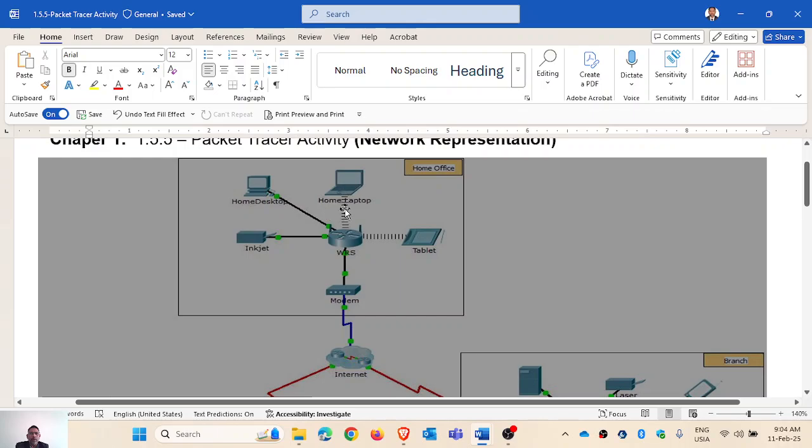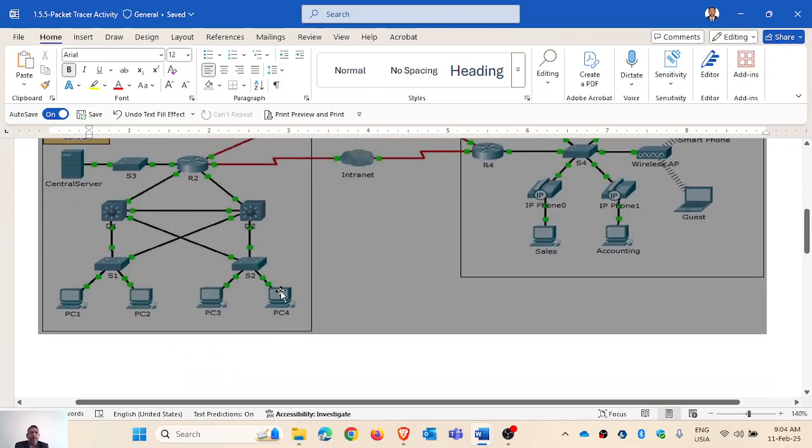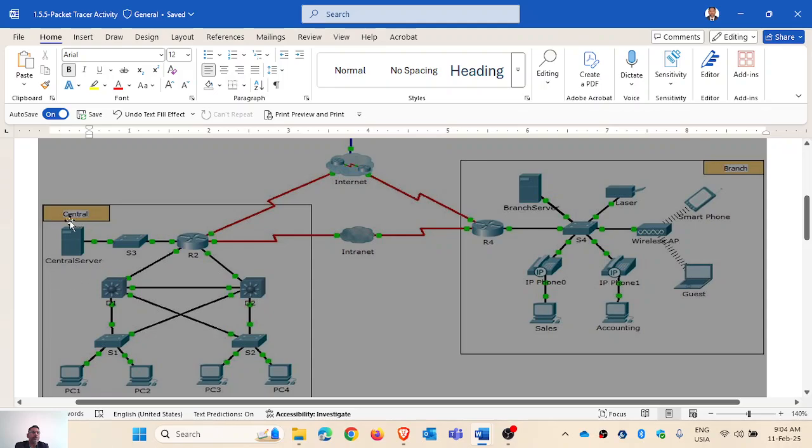They shall be counted one by one: 1, 2, 3, 4, 5, 6, 7, 8, 9, 10, 11, 12, 13, 14, and 15. See, in total how many endpoints are there?